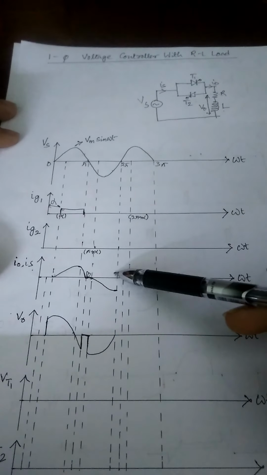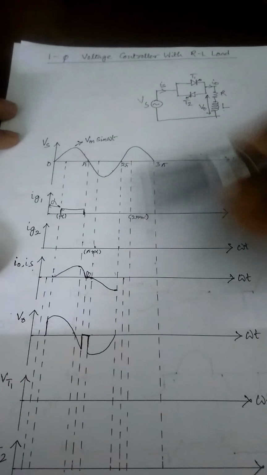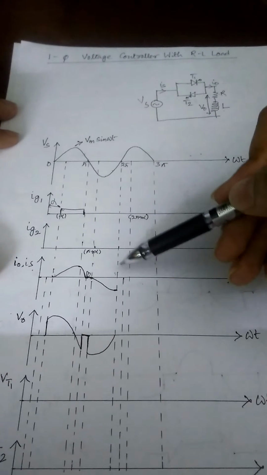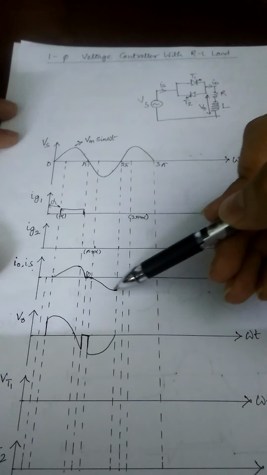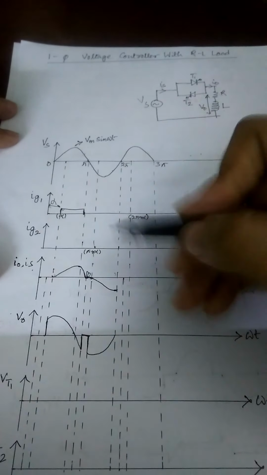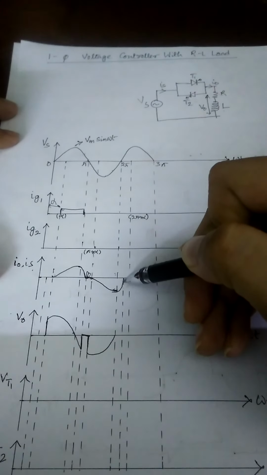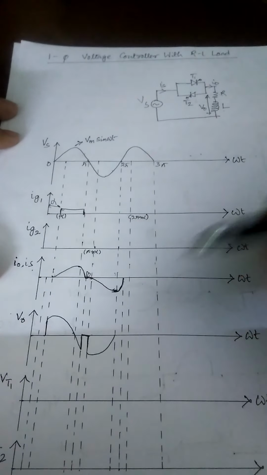So this is the 2 pi point, when the supply voltage and load voltage again come to the 0 point, but the load current is not at 0. As the load current continues, it decays and reaches 0 at this point, which is greater than 2 pi.